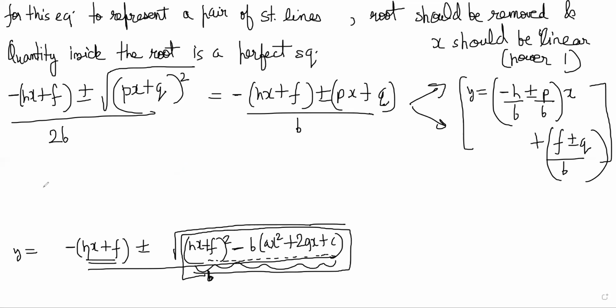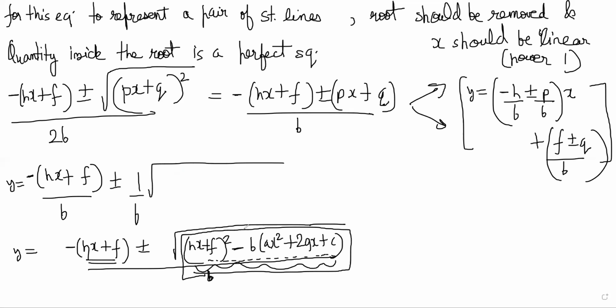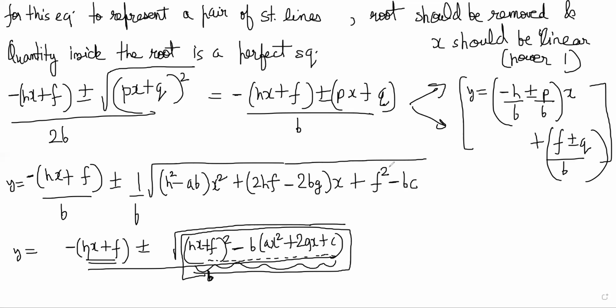So what I will say is y is equal to minus of hx plus f by b plus minus 1 by b root over. If we expand this, you will realize that it is h square minus ab into x square plus 2hf minus 2bg x plus f square minus bc, right?